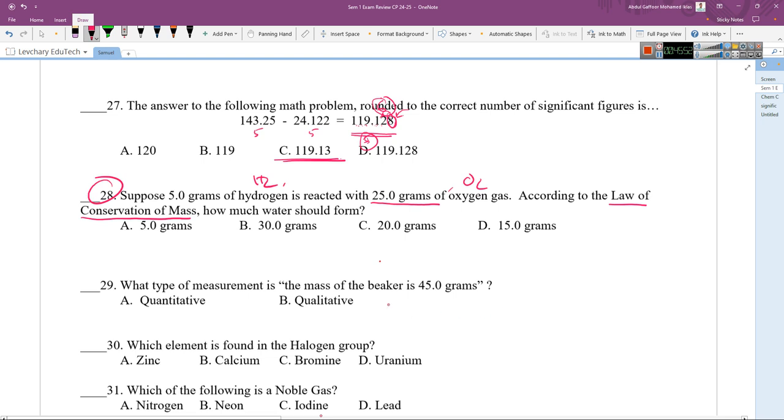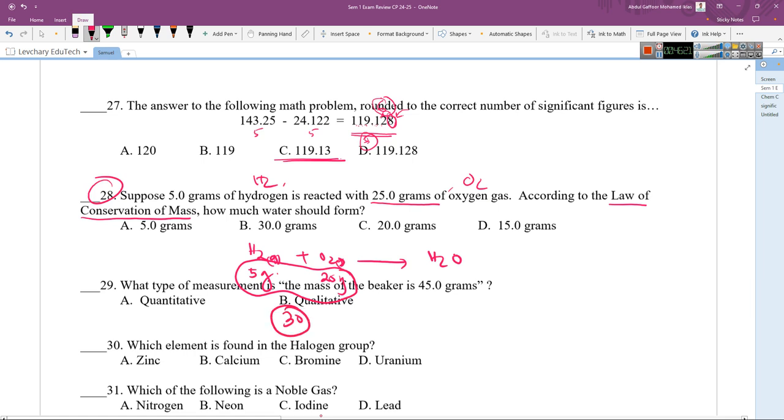Now here we make water by reacting H2 gas and O2 gas, right? So the product is water, H2O. Now here we have 5 grams of hydrogen and 25 grams of oxygen. So what is the total mass of the reactants? 30.